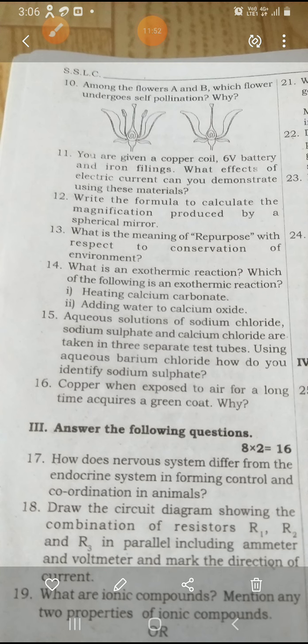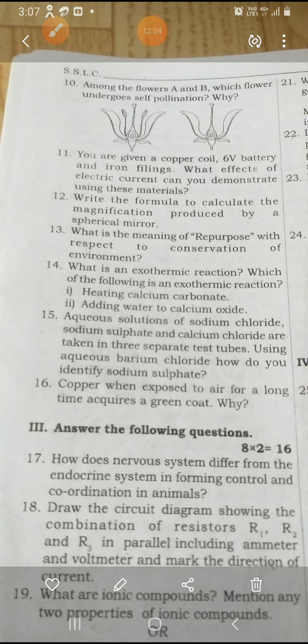You know that metals like copper, iron and silver, except gold and platinum, easily get oxidized and react with oxygen in different ways in different conditions. So when copper is exposed to the air for a long time, it acquires a green coat. Why? This is also an application type question.